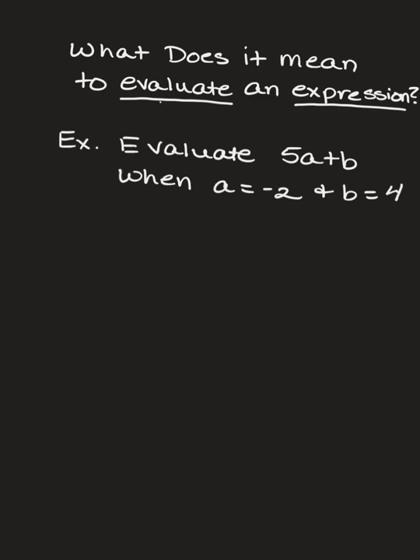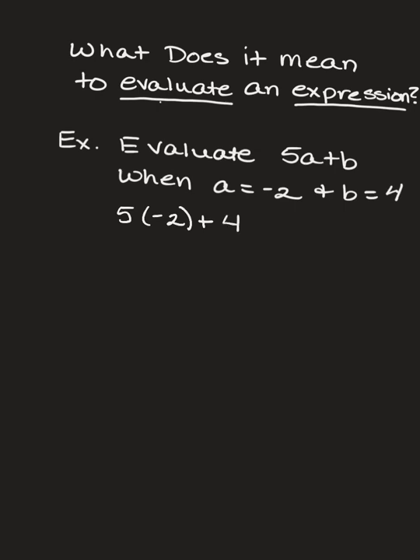To evaluate the expression, we simply plug those values in for a and b and then do the math to find the final answer. This expression is telling us to take 5 times what a is, which is -2, and then to add on what b is, which is +4.